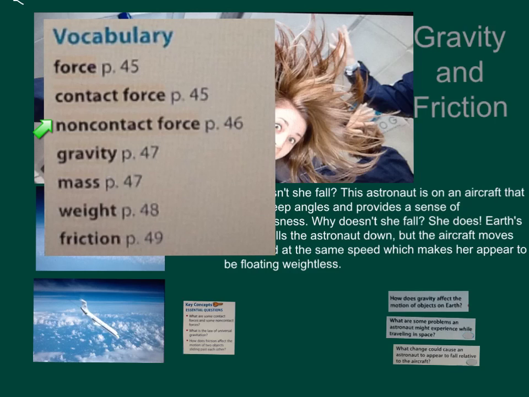The next one is non-contact force. We have gravity. We have mass. We have weight. And we have friction. Those are the vocabulary words that I want you to write down. Write their definition when we come across them.